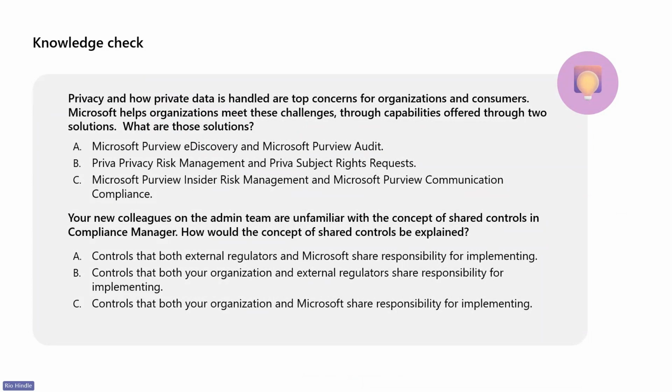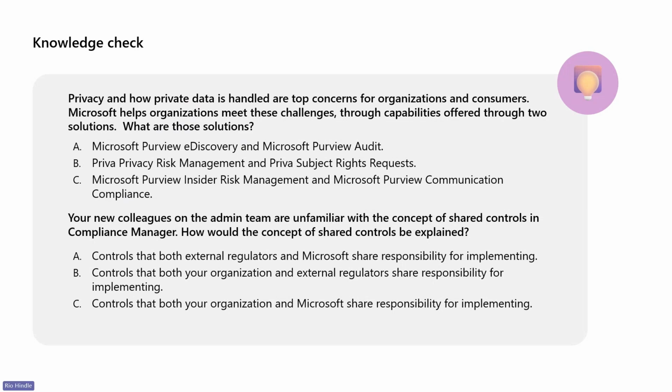Privacy and how private data is handled are top concerns for many organizations and consumers. Microsoft helps organizations meet these challenges through capabilities offered through 2 solutions. What are those solutions? If you could paste your answers in the chat, that'd be great. And I think once again, if you really read the question, privacy, hint, and how private data is handled are top concerns for many organizations, right?